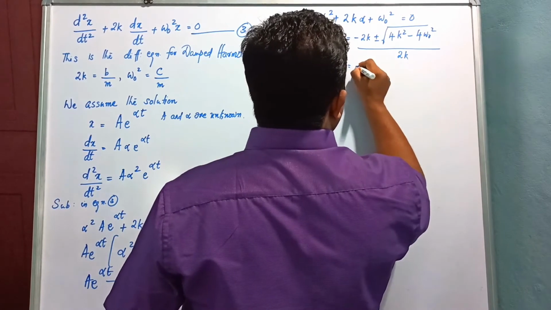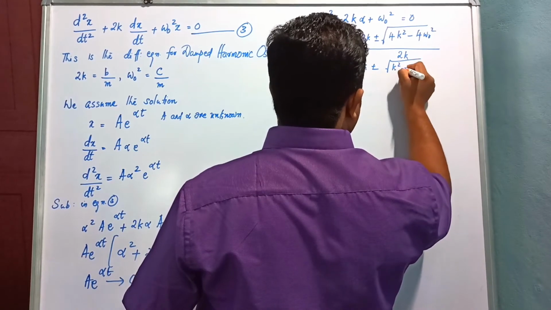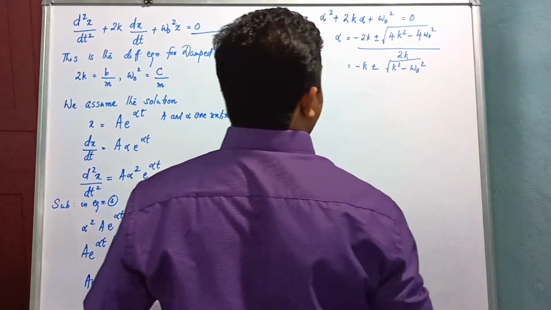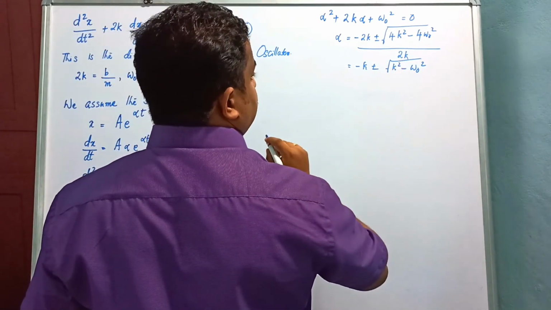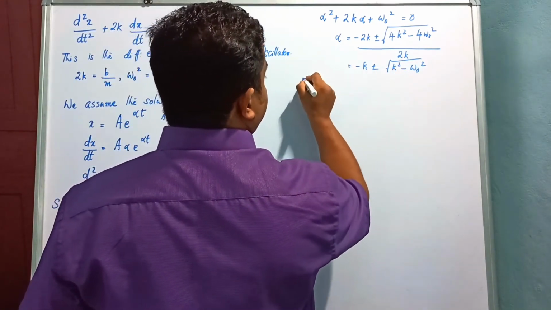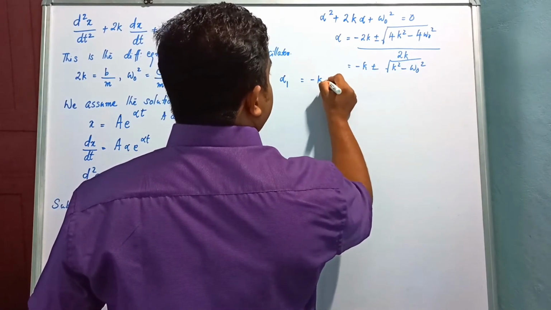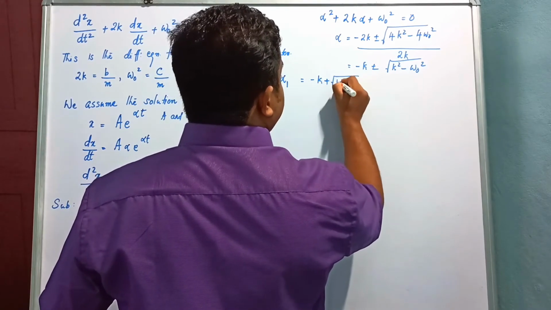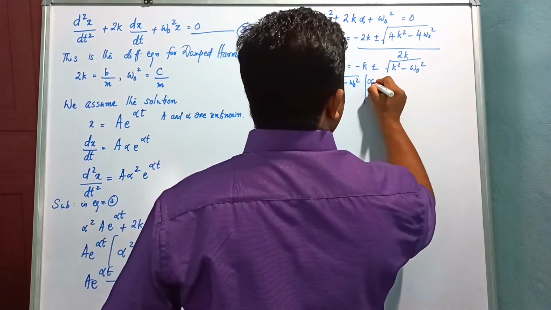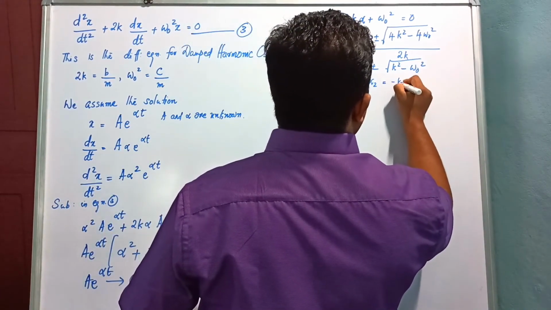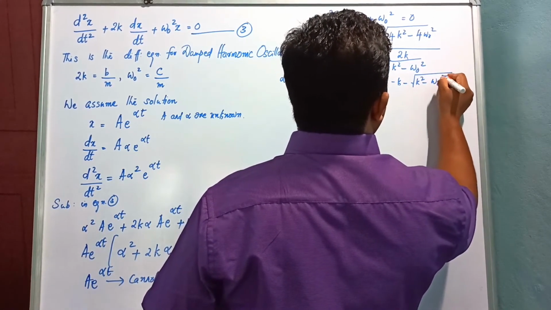That is equal to minus k plus or minus square root of k square minus omega 0 square. That is alpha having two values, so we will write it as alpha 1 and alpha 2. Alpha 1 is equal to minus k plus square root of k square minus omega 0 square, and alpha 2 is equal to minus k minus square root of k square minus omega 0 square.